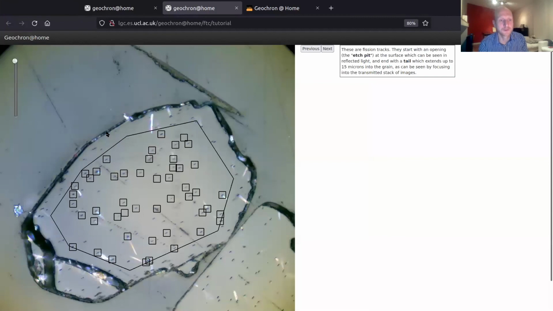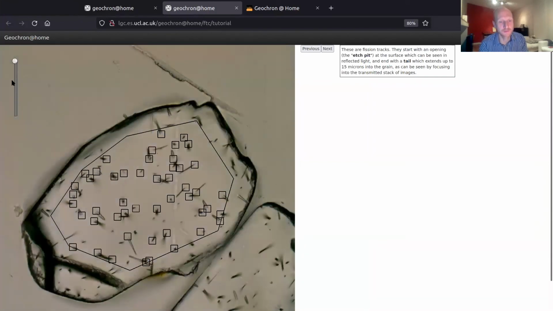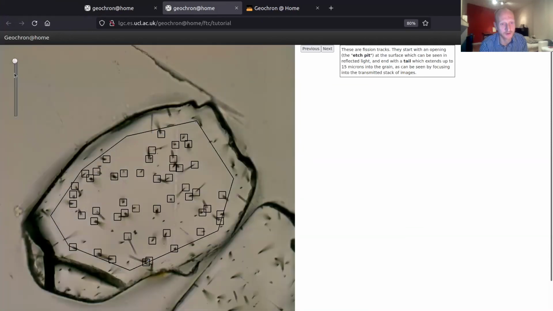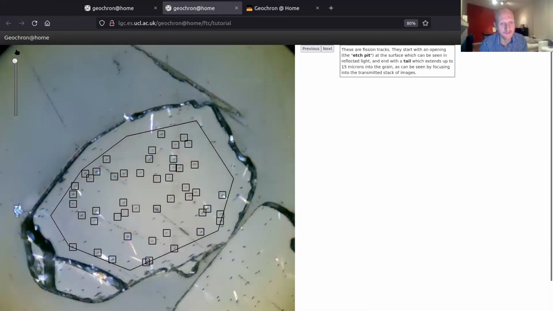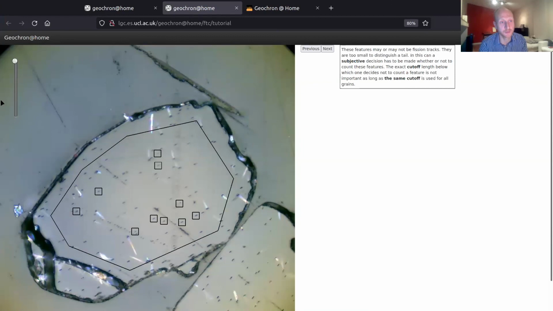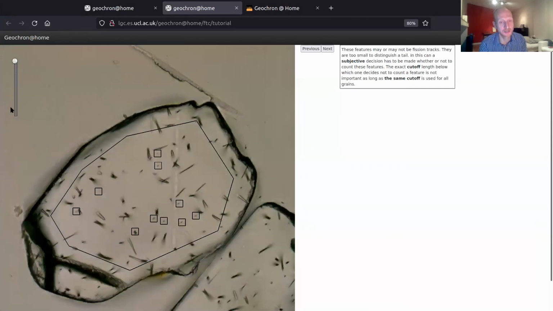Very quickly, these are, I believe, fission tracks. They all have an etch pit at the surface, and as you are focusing into the grain, they've got a tail, which is this fission track. Now, some features I am not so sure about, and this is the subjectivity of fission track analysis.